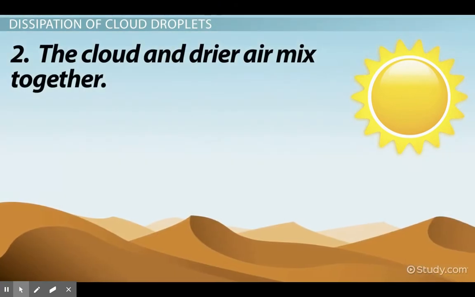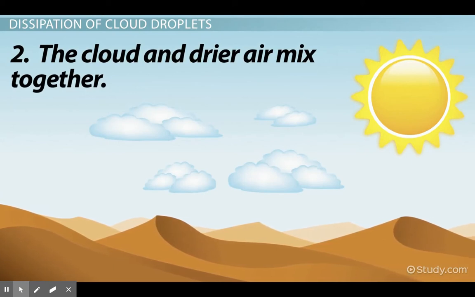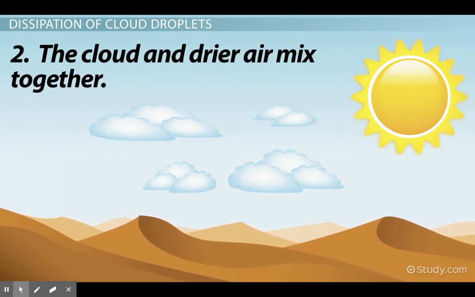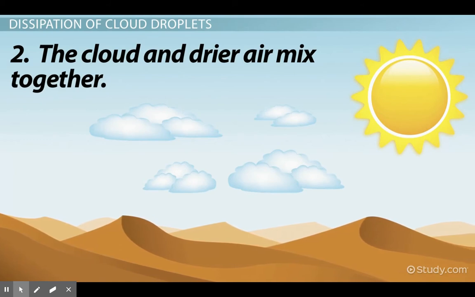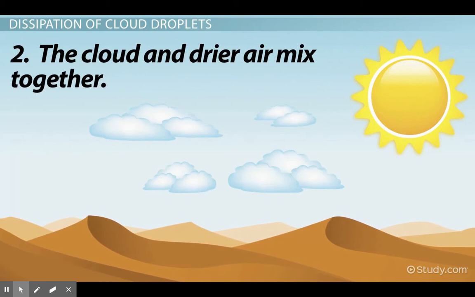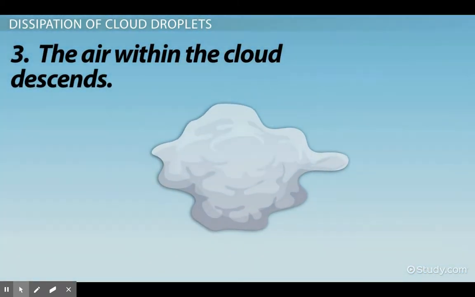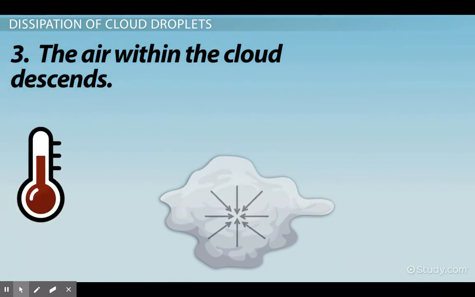Number 2, the cloud and the drier air mix together. This drier air causes evaporation to increase, thus causing the droplets to dissipate. You can see where this type of mixing has occurred with the cloud because the outer edges are wispy. Number 3, the air within the cloud descends. When the air descends, it warms.